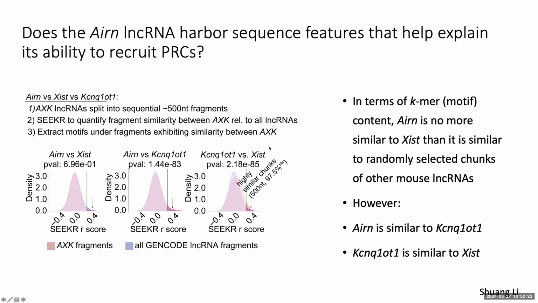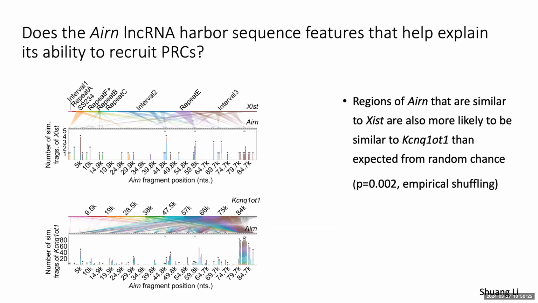And if we go on and look at the regions of Air that are highly similar to Xist, we find that those regions are more likely to be similar to OT1 than we would expect from chance. And so what we're interpreting here is that, yes, there are differences between these RNAs. I couldn't tell you what that means, but there's more similarity between them than we would expect from chance.